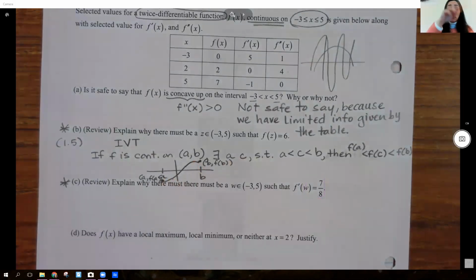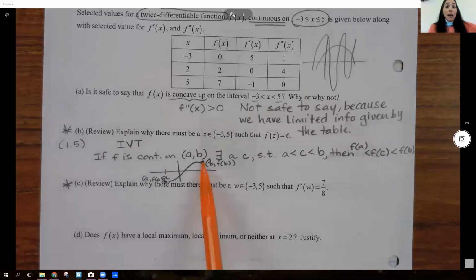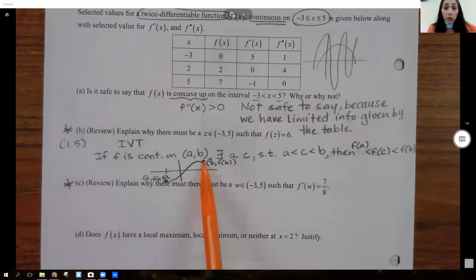It can loop up and down like 50 times if it wants to. But if you start down here and end up here, somehow you're going to hit every single Y value in between.